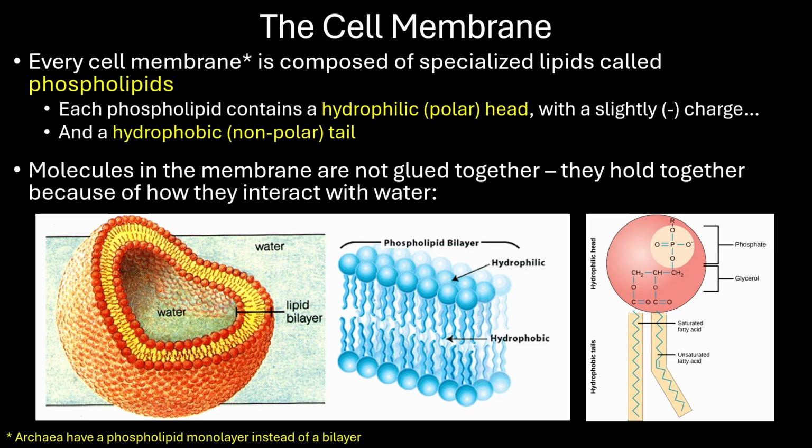That is, they have a hydrophilic end, this polar head with a slight negative charge, and then they have a hydrophobic tail that doesn't really have a charge. It's non-polar. So when these molecules arrange in a cell membrane, they're not glued together. They hold together instead because of the hydrophilic and hydrophobic interactions they have with water.